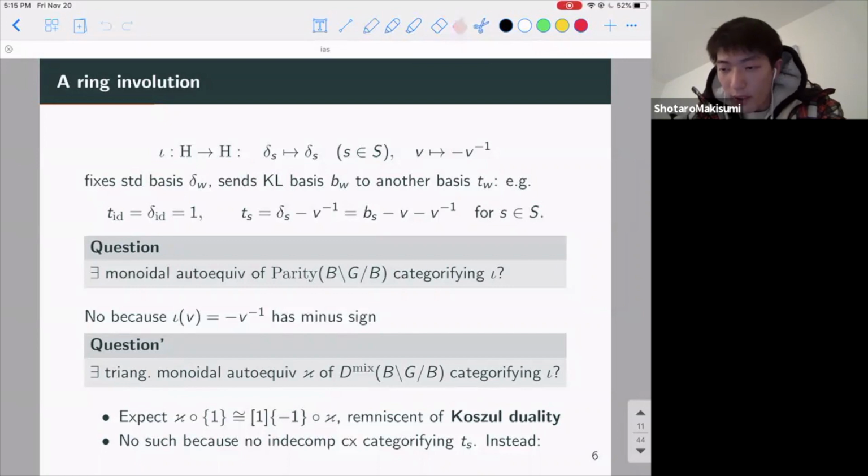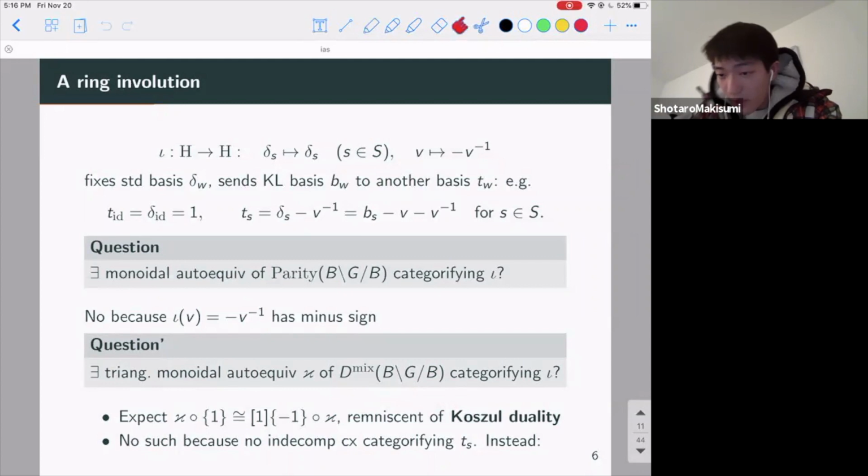And well, at the level of the additive category of parity complexes, this is not possible because you have a minus sign here, but the standard way to get around that is to pass through complexes. So you could ask now, is there some monoidal triangulated autoequivalence of this monoidal triangulated Hecke category, D^mix(B\G/B)?